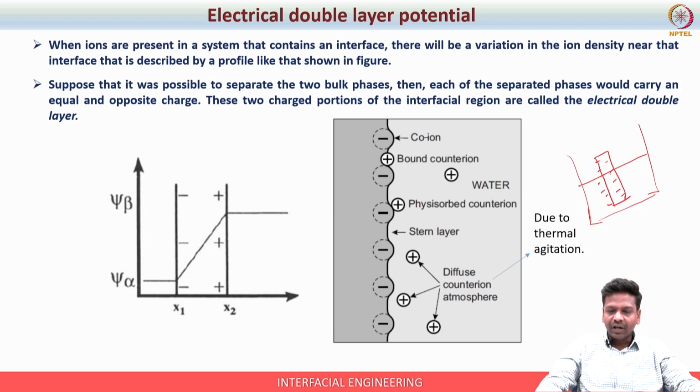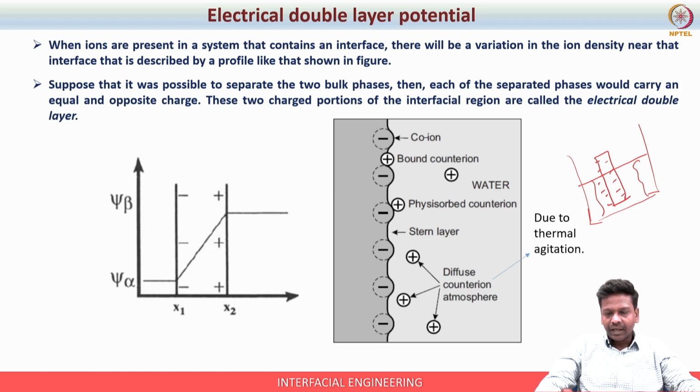So suddenly there will be a change in the ion density near the surface, whereas far away from the surface there will be no change. Far away from the surface, the electroneutrality is naturally attained, so there will not be any change. But near the surface, there will be a change in the distribution of the ion density.